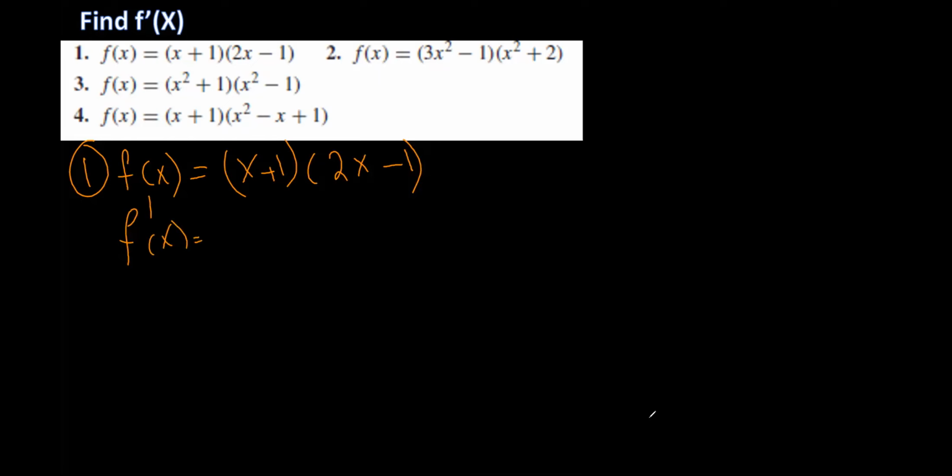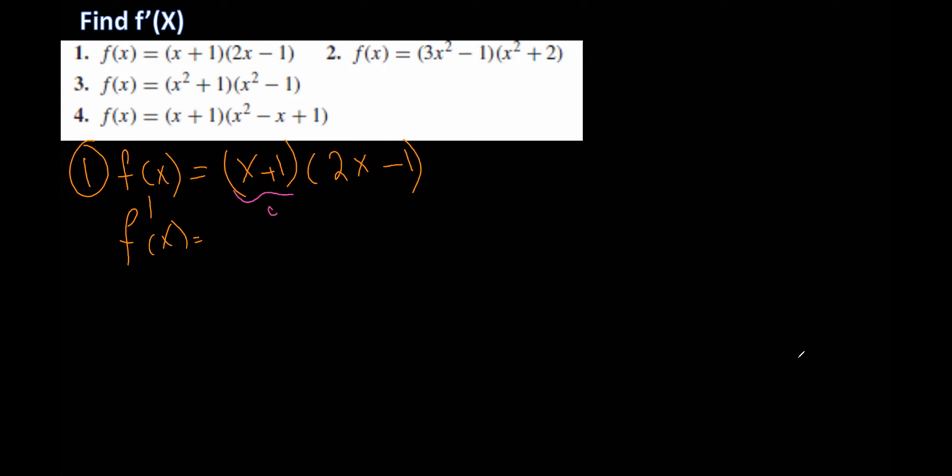The first step, as I told you, you have to name the functions. Since f here is already written, I need other letters. Let's use g and h. I will put g here, and g is x plus 1. And h is 2x minus 1. Then, after that, I need to find g prime.